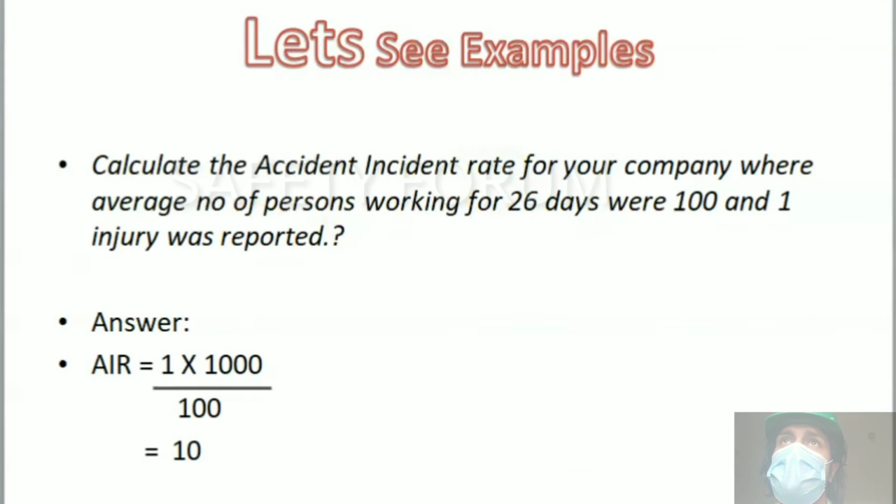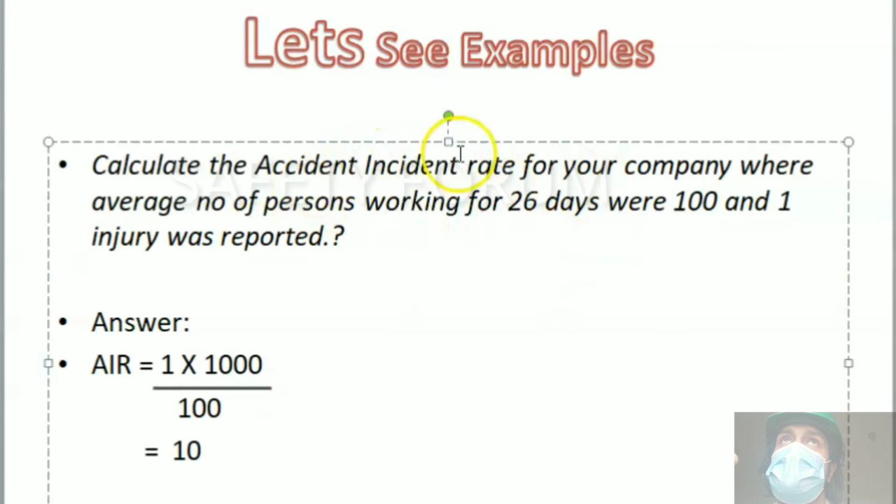So let us see another example and understand it very clearly. Calculate the accident incident rate for a company where the average number of persons working for 26 days were 100. They have already mentioned the average number of persons here, but in your exams and in your scenarios, you have to calculate the average number of persons based on the data available from your site.